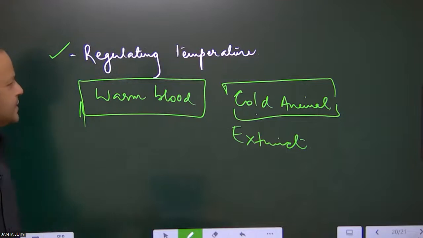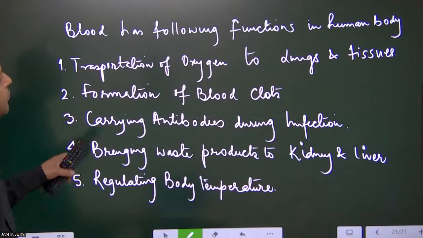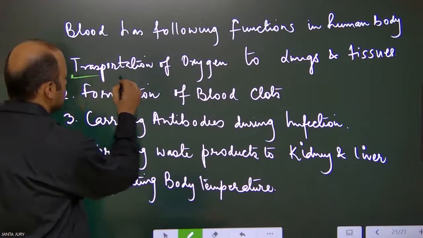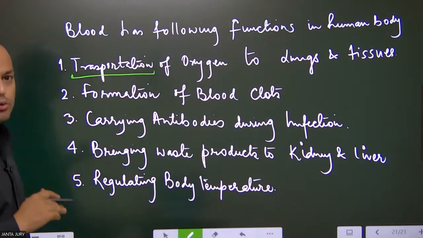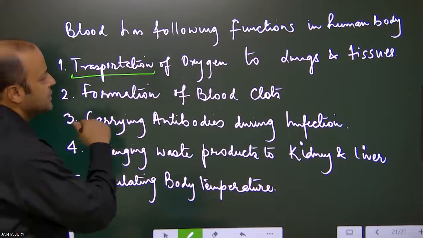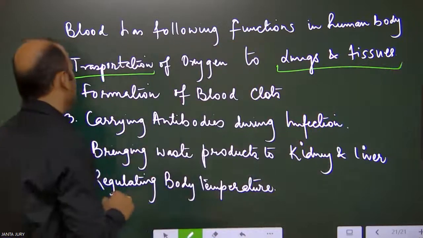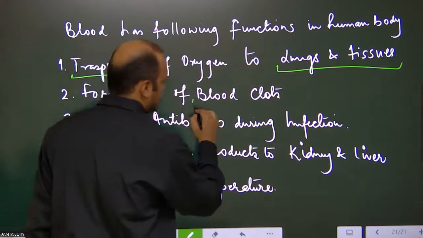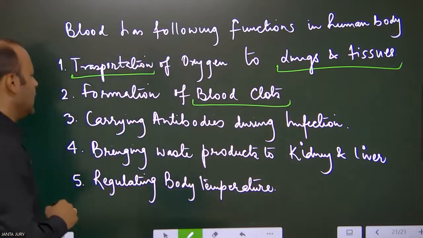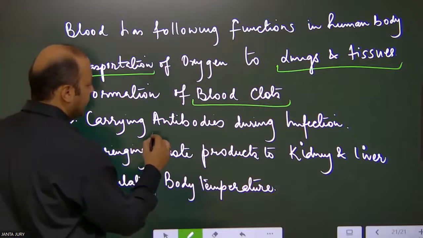So basically, to summarize in the crispy notes, blood has following function in human body. The top five are transportation. Now see, we are using crisp and very to the point. Transportation of oxygen to lungs and tissues. Formation of blood clots, carrying antibodies during infection.